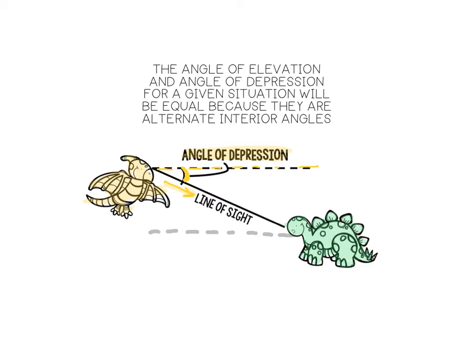If we're looking at the stegosaurus, who is looking up at the pterodactyl, then in between that horizontal line and the line of sight will actually be an angle of elevation.